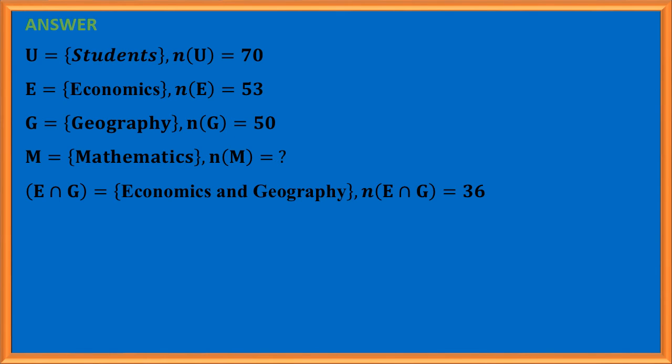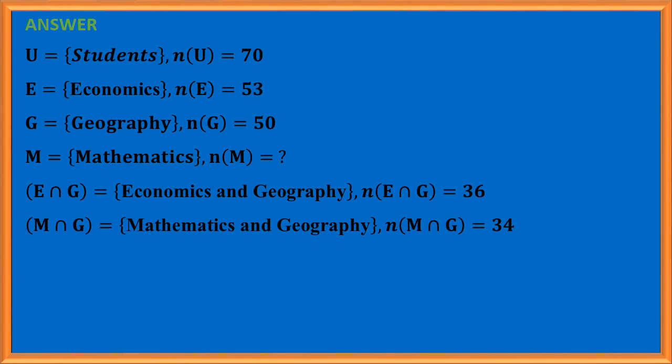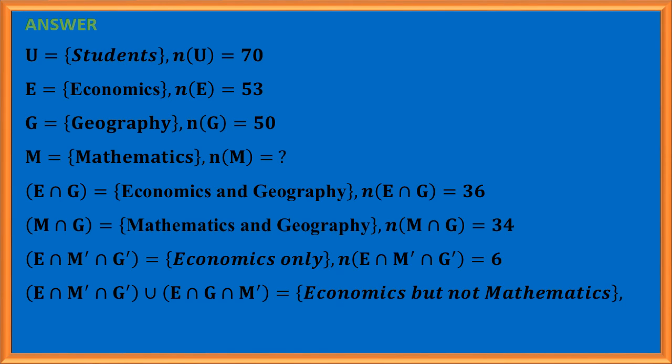We also have English, economics and geography, which is 36. Have maths and geography, which is 34. We have economics only, which is 6. Then we also have economics but not mathematics. Economics but not mathematics.